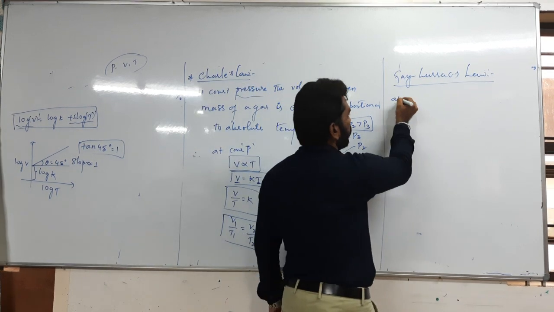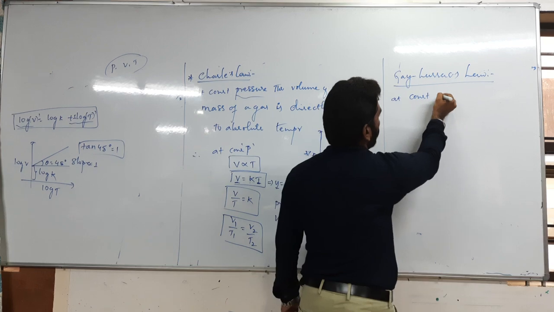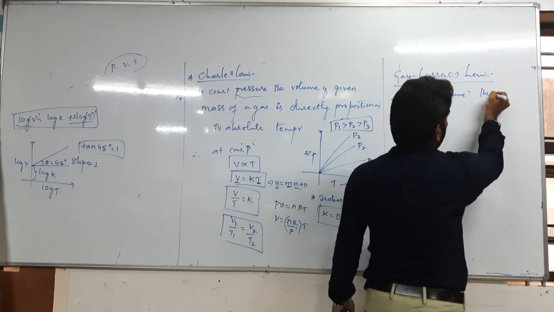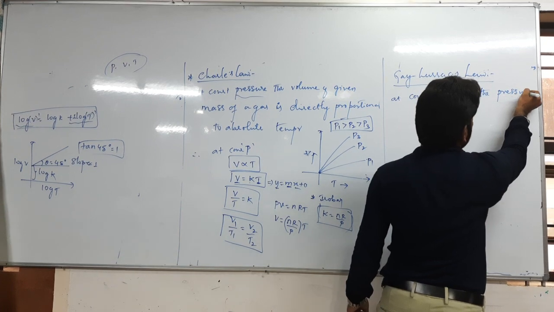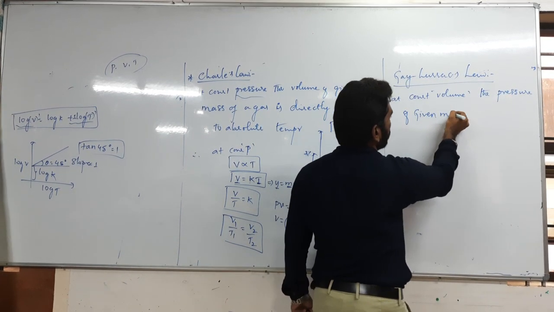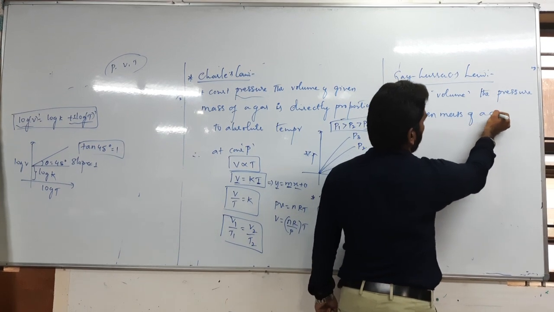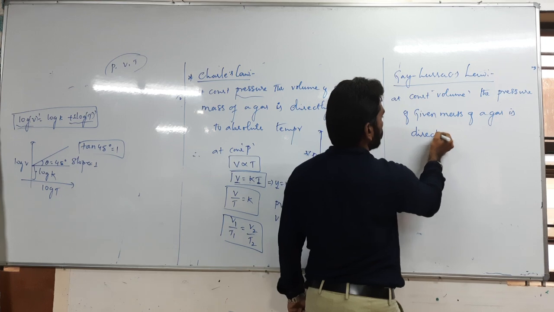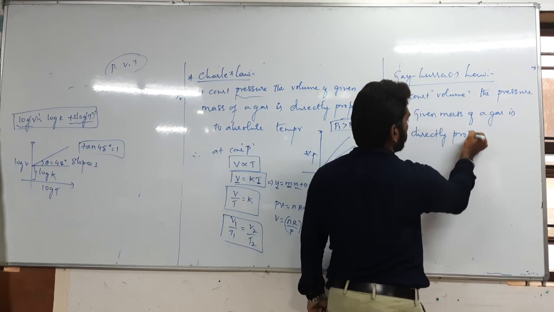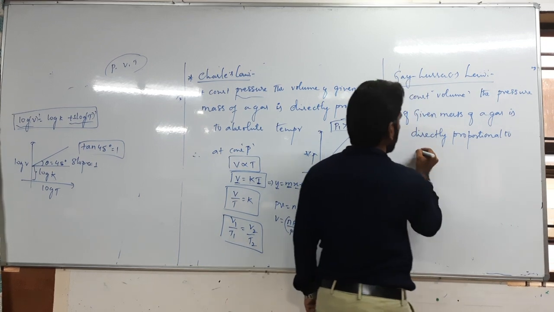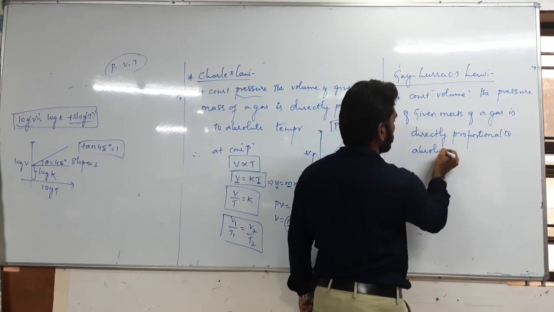So at constant volume, the pressure of a given mass of a gas is directly proportional to absolute temperature.